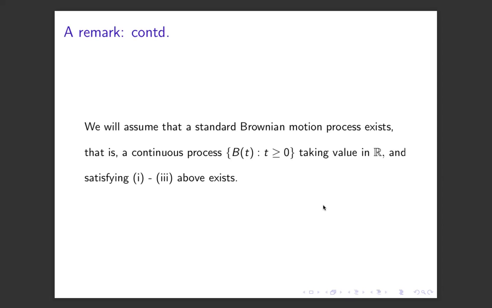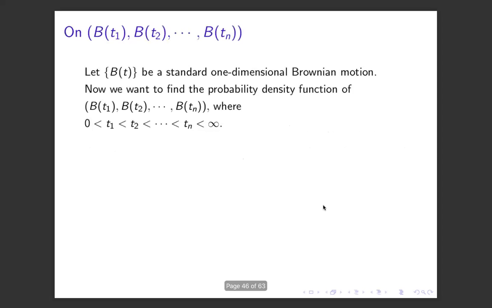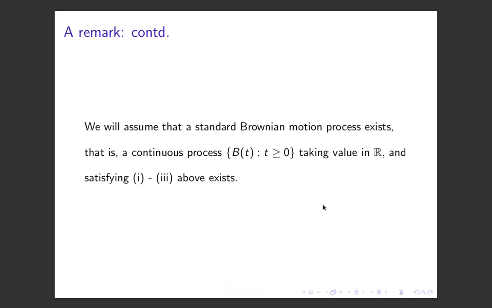What is the relation with the basic topology of that function space, which is a metric space, and so on. Okay. So we will assume that Brownian motion exists. Just like in your first probability course, you assume that all those random variables existed. And even now you might be doing that if you have not taken a course in measure theory.